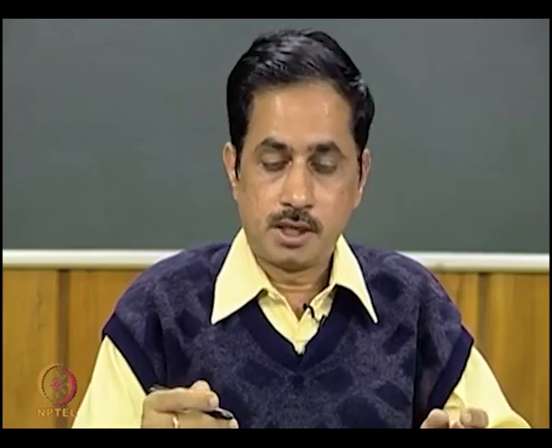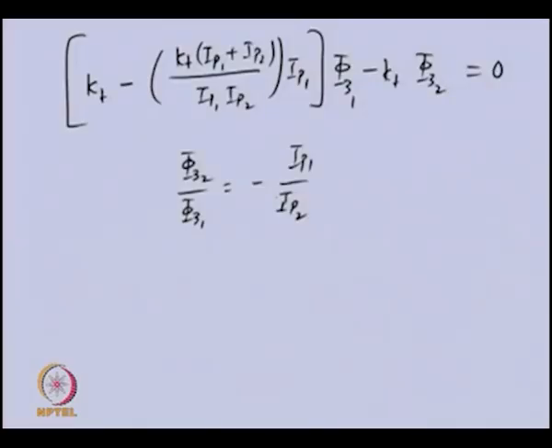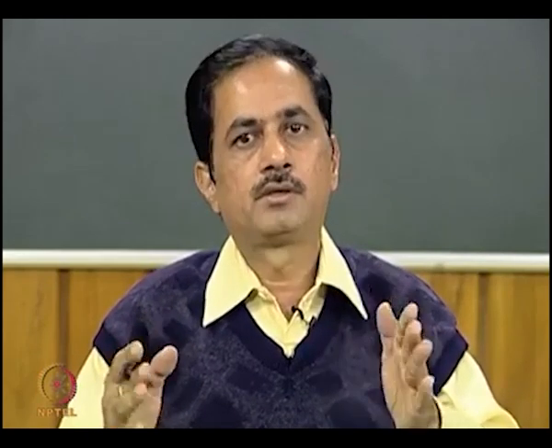And the negative sign is there, so the motion of these two discs will be opposite. If one is rotating clockwise, another will be rotating anti-clockwise, and if the motion reverses because of the free vibration, then both the discs will always have opposite motion.